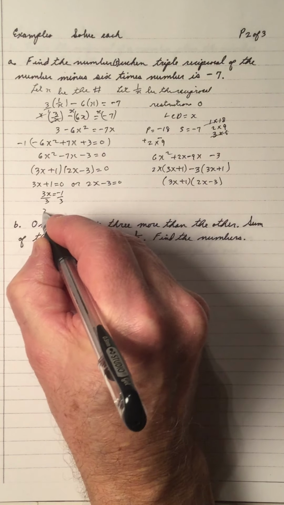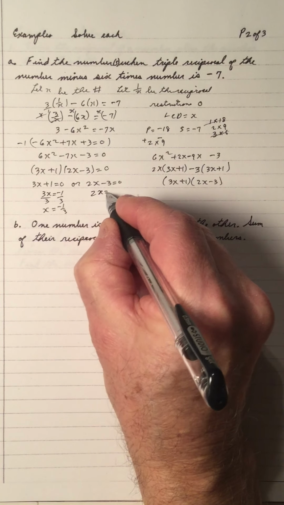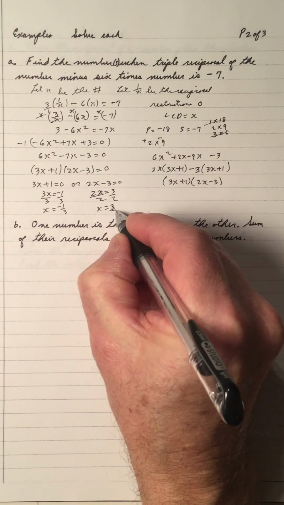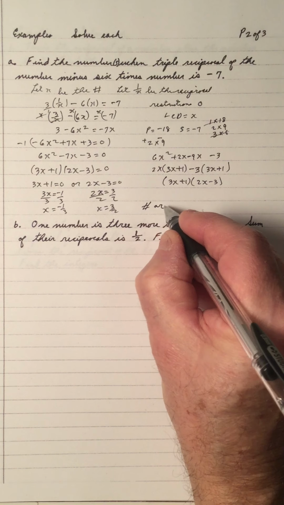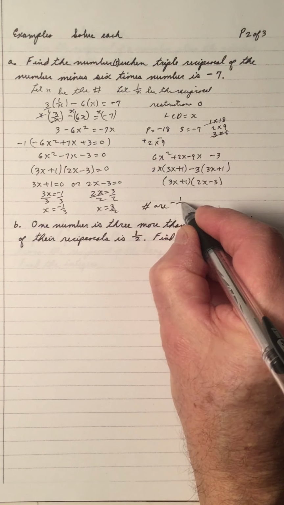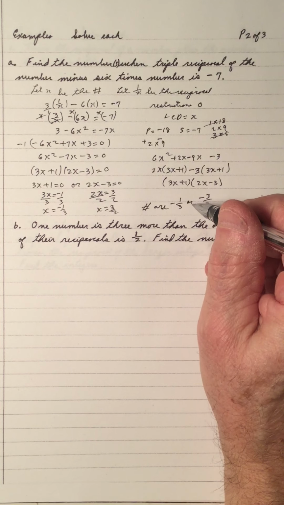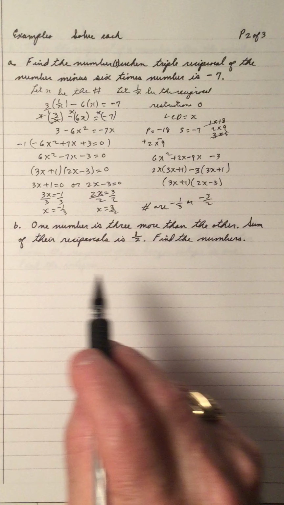Divide by 3. X is negative 1/3. 2x equals 3. Divide by 2. X equals 3 over 2. So the numbers are negative 1/3 or 3 over 2. Either one will do. If you get the reciprocal of those numbers, plug it back in and work it out, it checks. So that's one done.